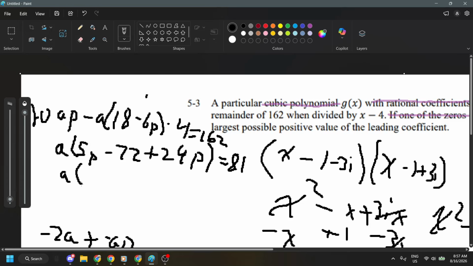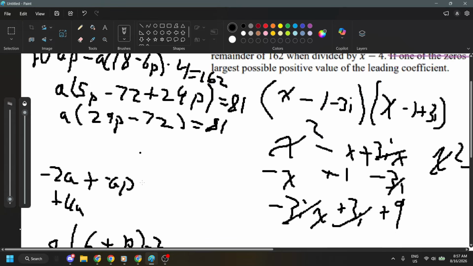So it's going to be a times 29p minus 72. 29 is in fact a prime number, so interesting. The largest possible value of a should be 81, if this is possible to be 1.